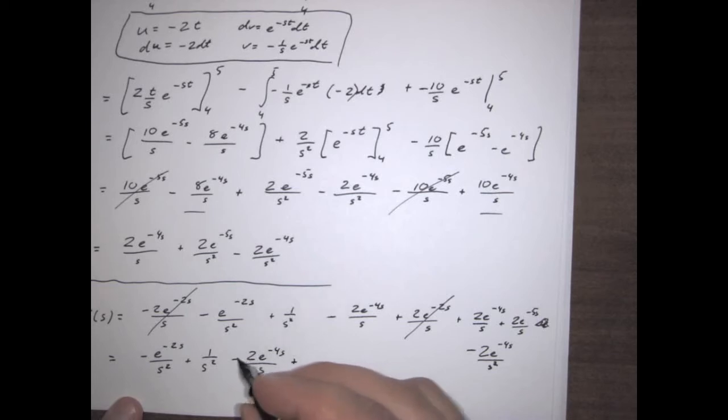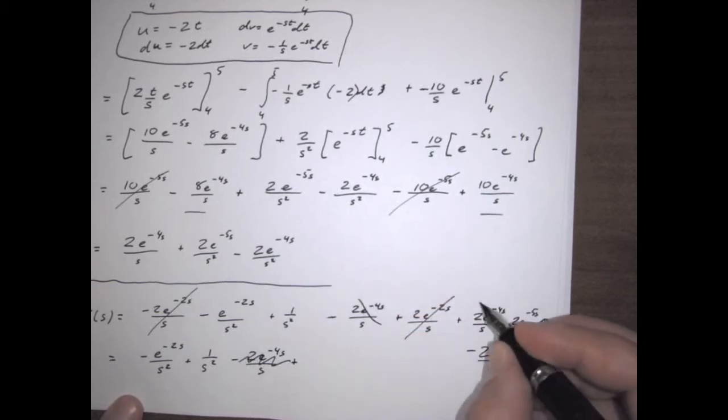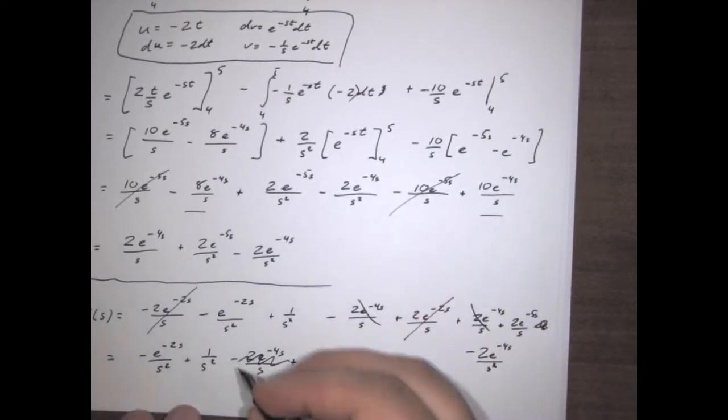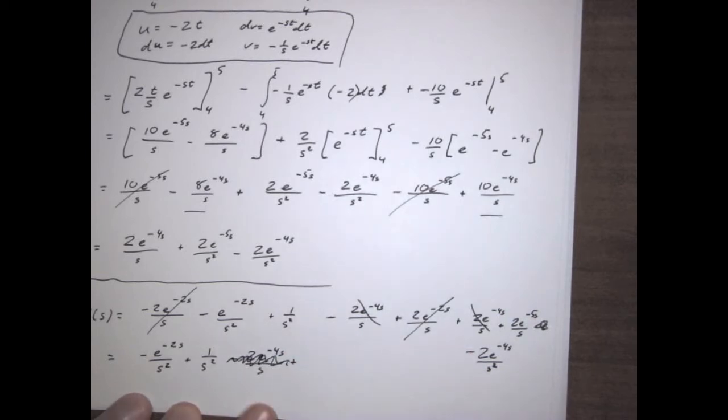Oh, sorry, I didn't notice those two did cancel. I thought there was something else that was supposed to cancel there. Okay, so those cancel. Plus 2 e to the negative 5s over s minus 2 e to the negative 4s over s squared.